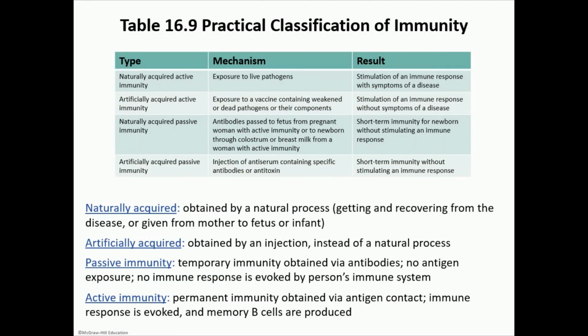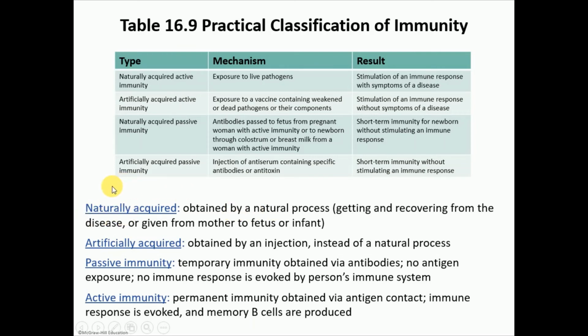So how do we classify immunity on a practical basis? We have acquired immunity, depending on where the source is. If I obtained the immunity through natural courses, for example, getting sick and recovering from it, that immunity was through nature.